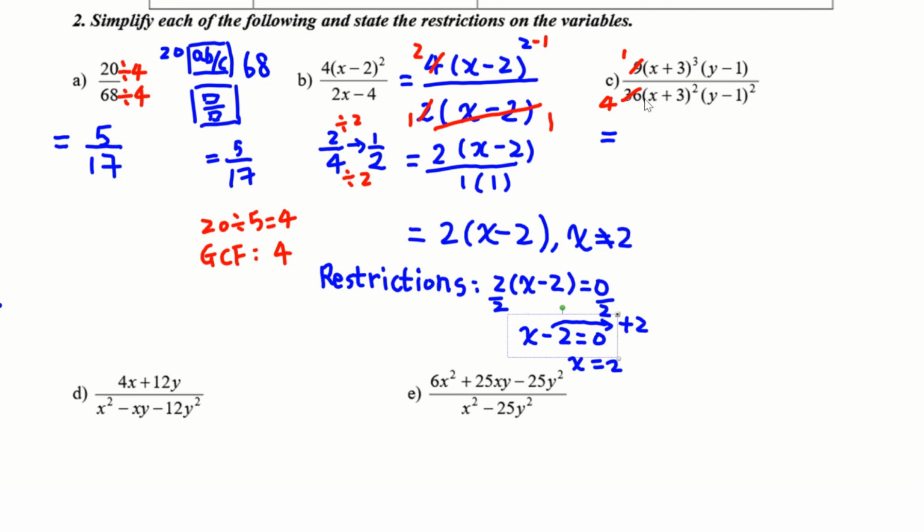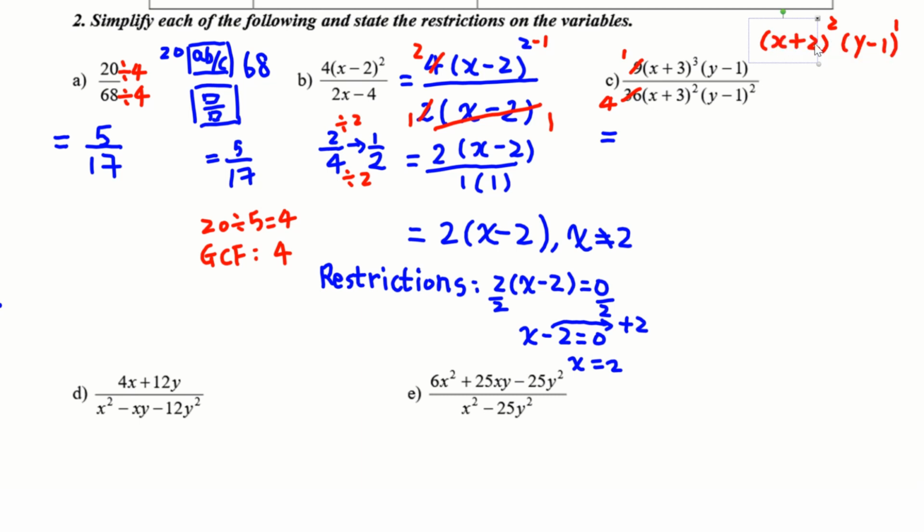Then for the brackets, if you have the same bracket, it means they have the same base. We are going to cancel the same factors out. So the common factor will be the lowest degree. The lowest degree for this bracket is 2, and for the other bracket, the lowest degree is 1. So both numerator and denominator will be divided by these.